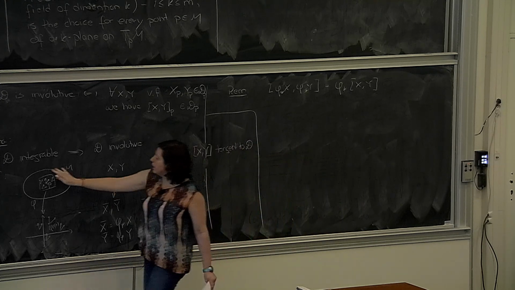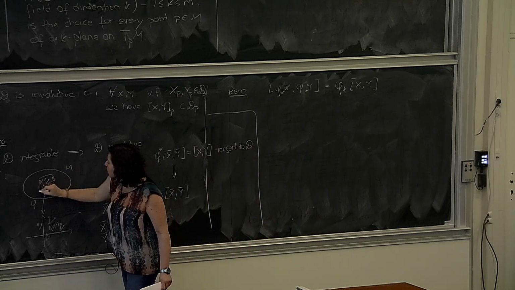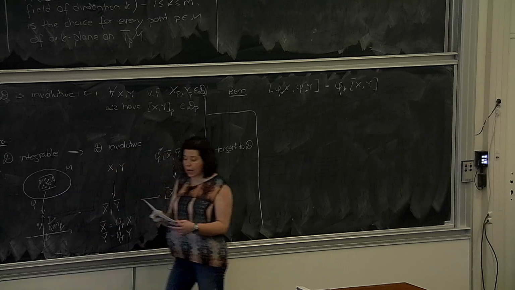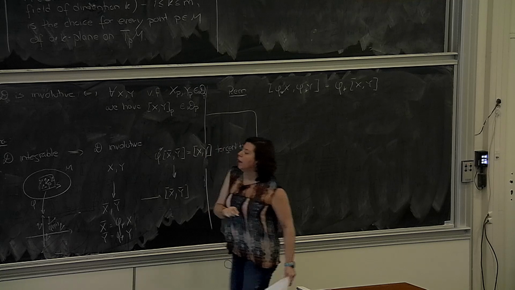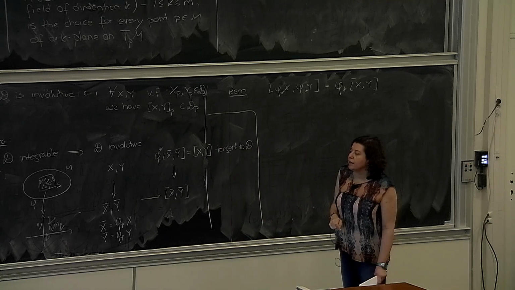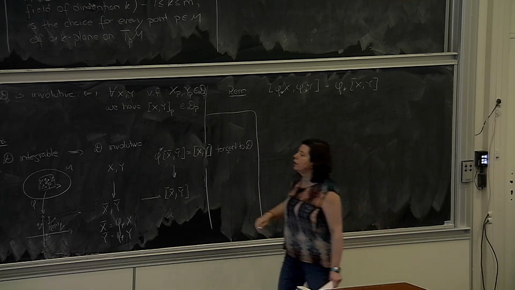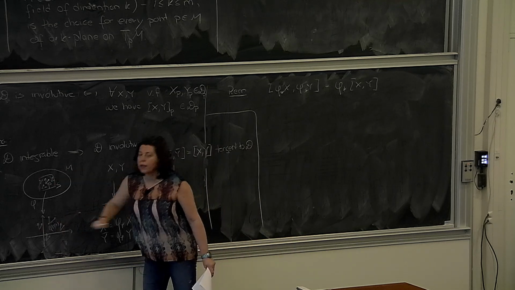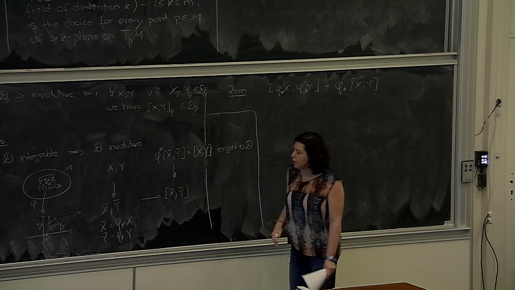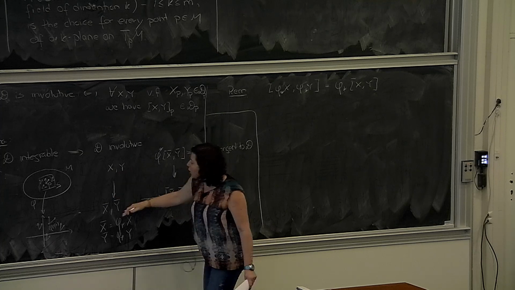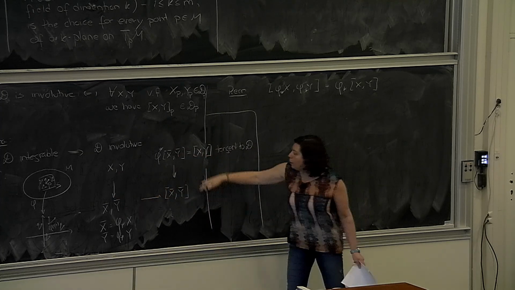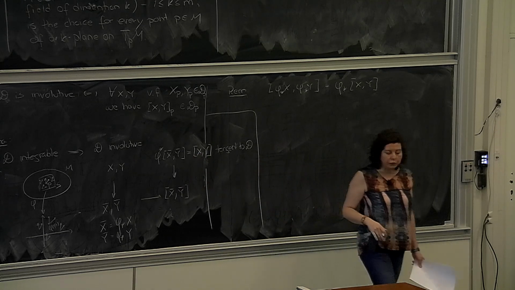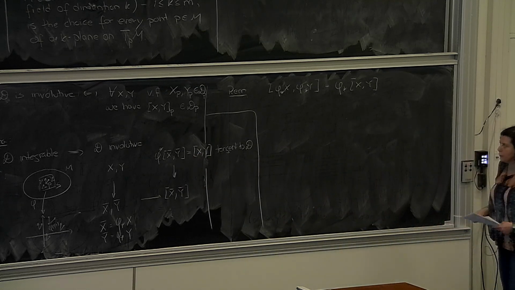So assuming that it is integrable, there passes here an integral manifold. We simply take the parameterization of this manifold, and we take the push forward and then the pullback of the Lie brackets of the corresponding push forward vector fields.